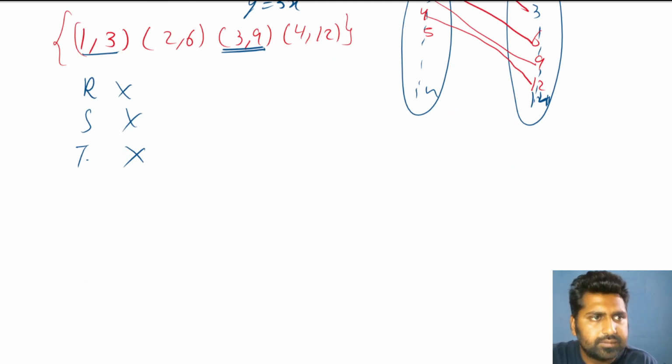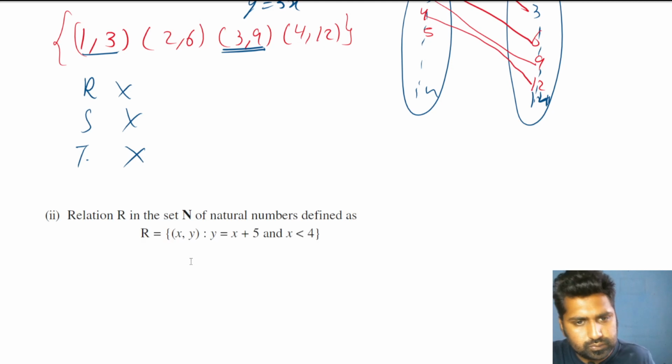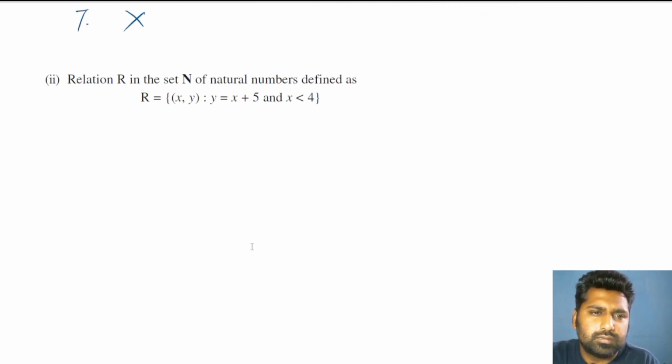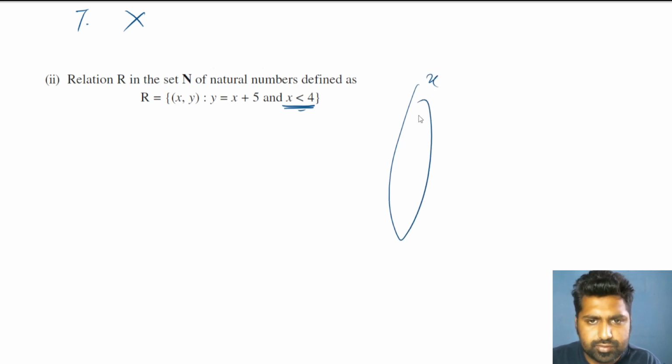Next, let's see. This time the relation is in the set of natural numbers, but there is a condition that x should be less than 4. So the elements of x should be less than 4. That means 1 2 3, and there is restriction only on x.